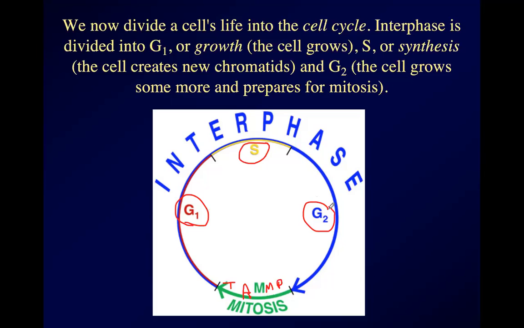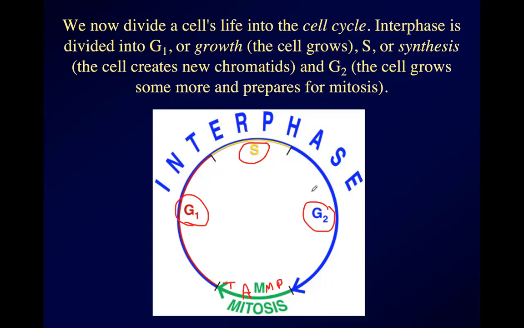If anybody's curious as to how long these periods take, it actually depends on the cell you're talking about. Mitosis roughly would take about an hour. G1 could take anywhere from a few minutes to many years, depending on what cell you're talking about.